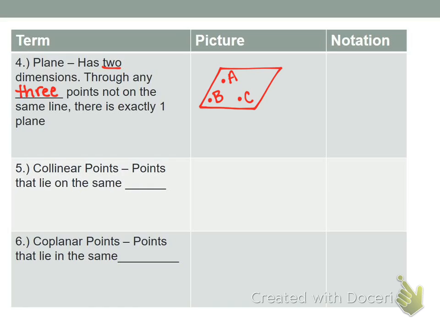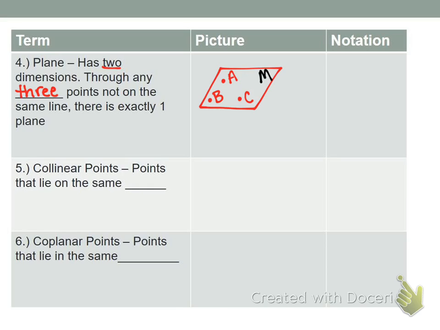You may also see a bold capital letter in one of the corners. So since I have a hard time showing bold, I'm going to change color and put an M up there. If you want to try to make it bold with your writing utensil instead, you can. And that bold letter, you'll notice, does not have a point by it. This is kind of similar to the whole cursive letter thing.